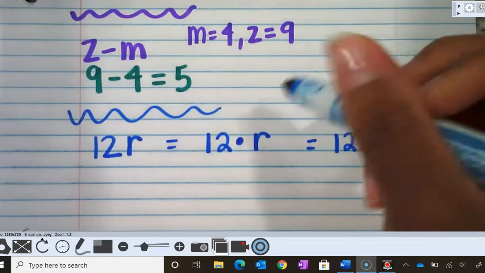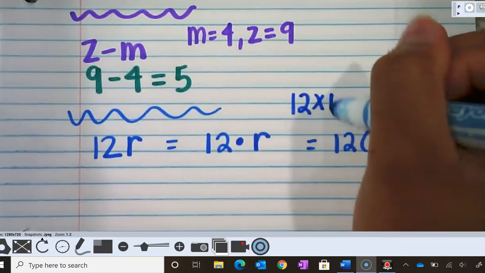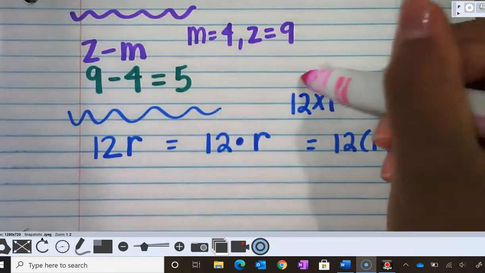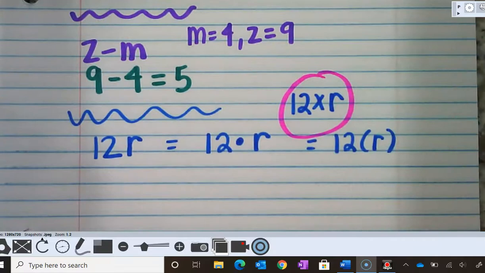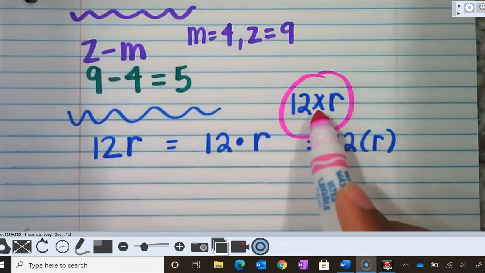Now think about it. Why would I not want to write it like this? Think about it for 5 seconds. Why would I not want to write it like this? Well, the reason I don't want to write it like this is because this times, this x, looks like another variable.